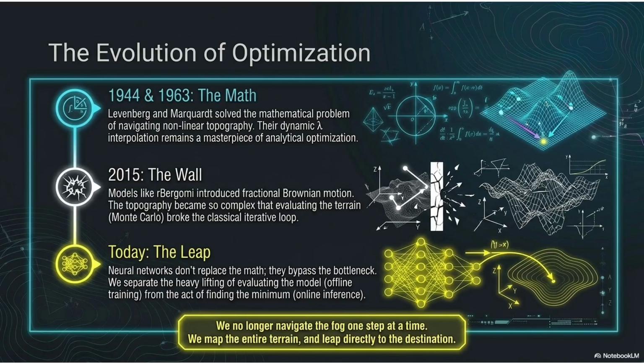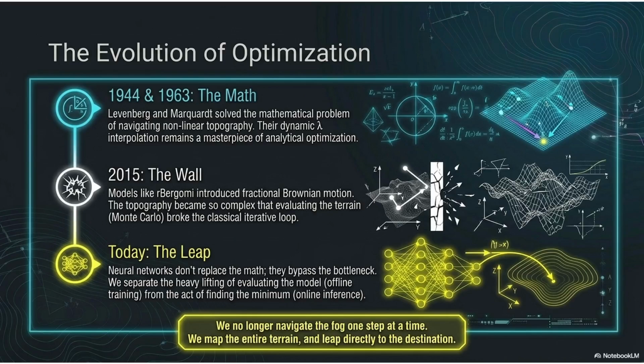So to summarize, the evolution of this optimization: in 1944 and 1963, Levenberg and Marquardt solved the mathematical problem of navigating nonlinear topography, giving us a masterpiece of analytical optimization. Around 2015, rough volatility models broke that classical iterative loop by introducing a massive computational wall.